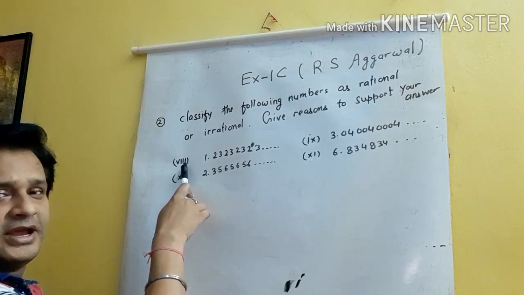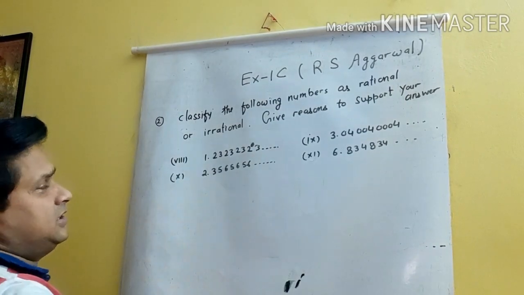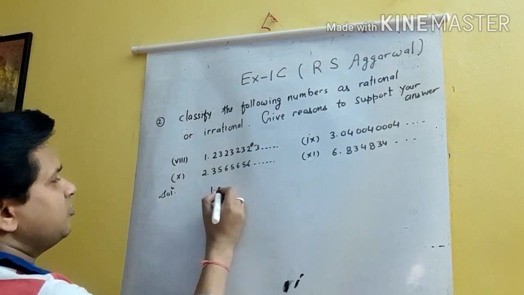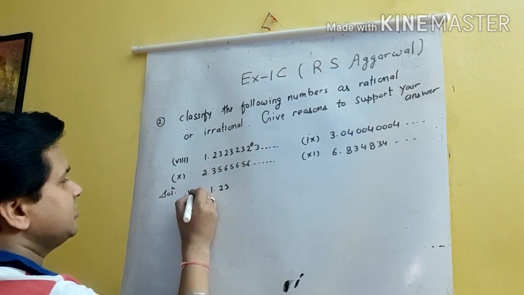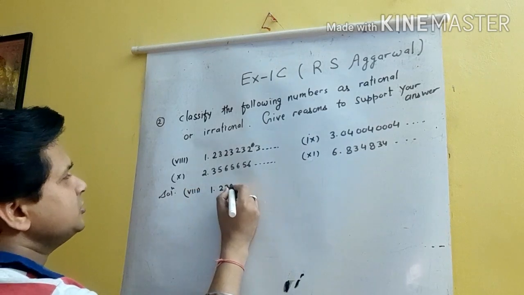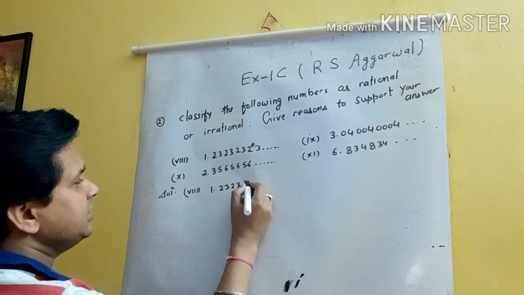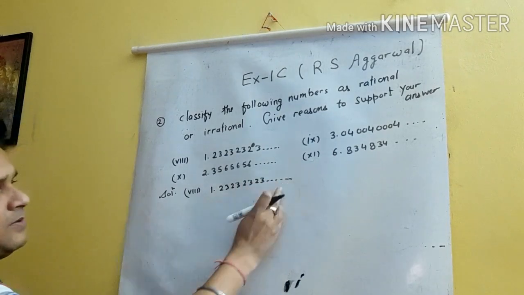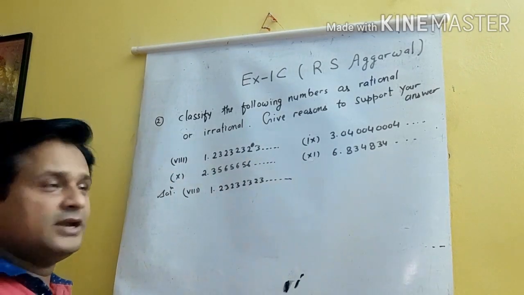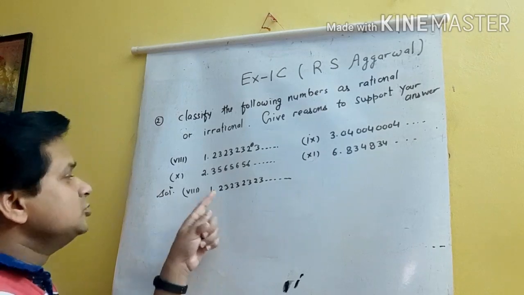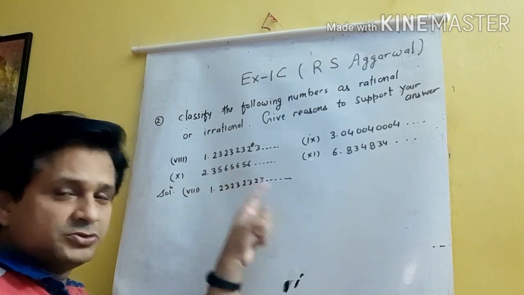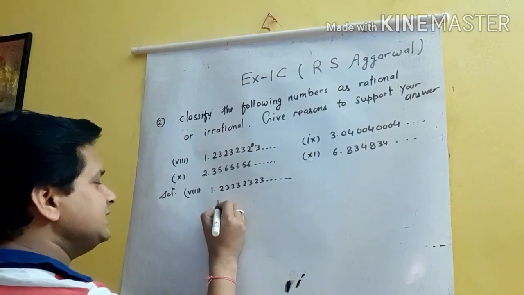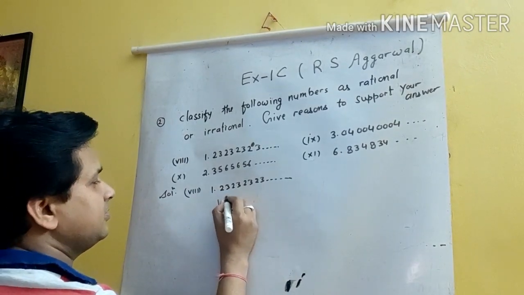Okay. Question number 8. You can see it is written 1.23, 23, 23 and 23. You can see here the dots are there, it means that this is non-terminating. Now 23, 23, 23, 23, this I can write using a bar.